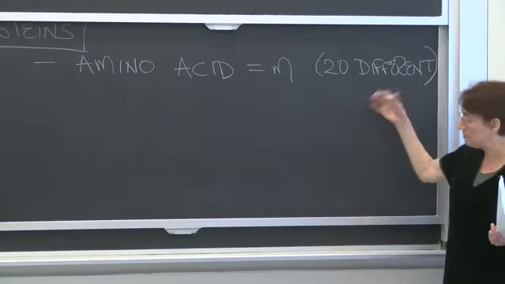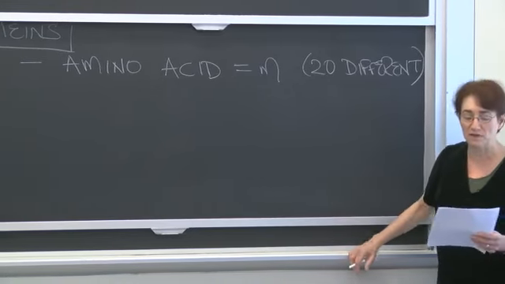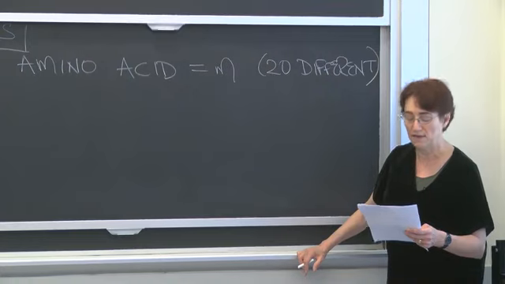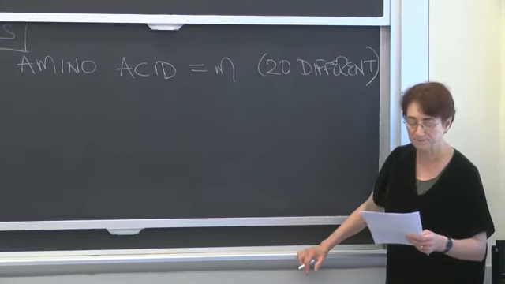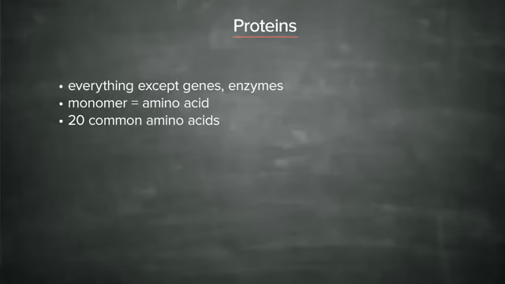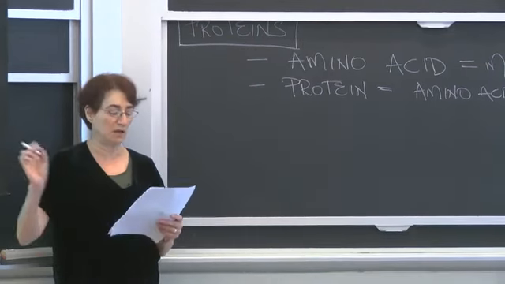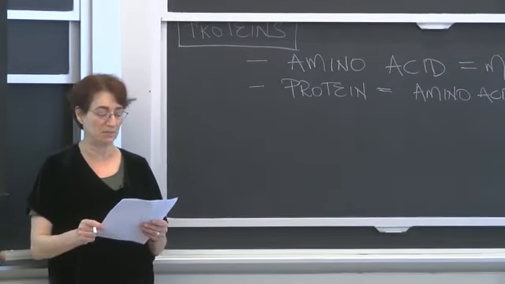And there are lots more that are found in other places in life. But there are 20 common ones that we can think about. A protein is an amino acid polymer. And there can be little proteins and big proteins, in just the same way as we'll discuss, there can be small nucleic acid polymers and large nucleic acid polymers.